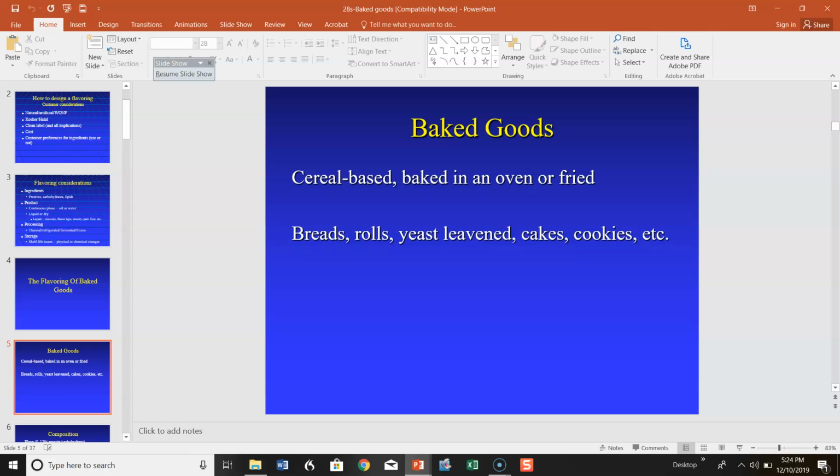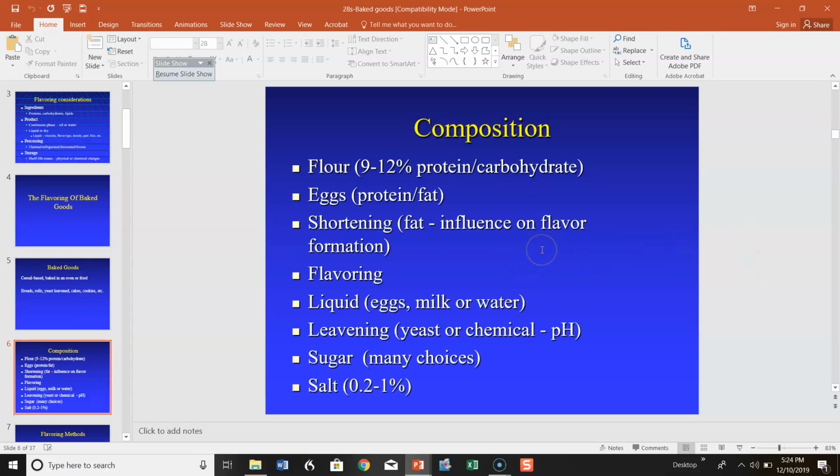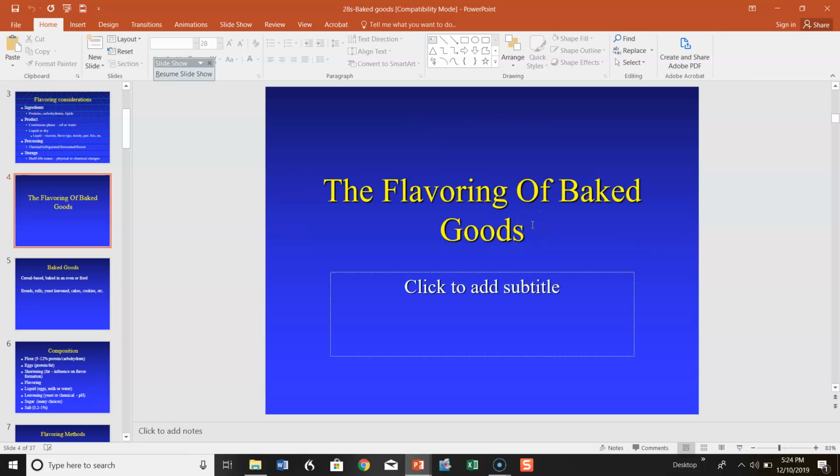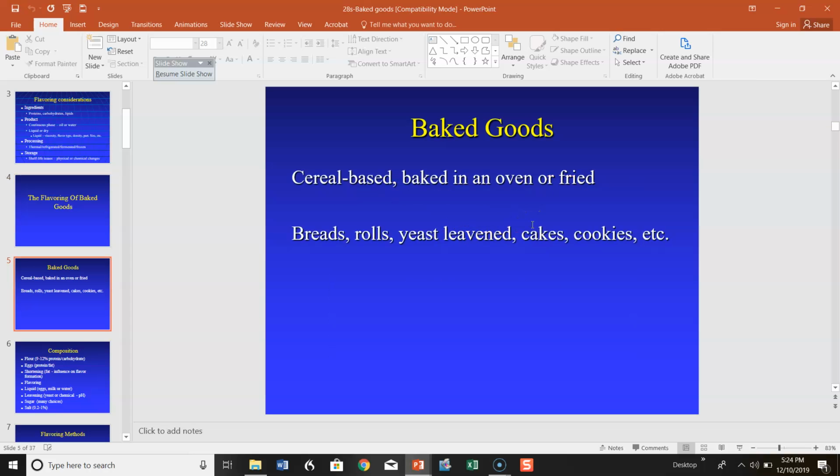This is number 5. You just put the slide. The next slide. Okay. Like there. Does that look familiar? Flavoring baked goods. Okay. I wasn't sure about the prelude to this. How's that?